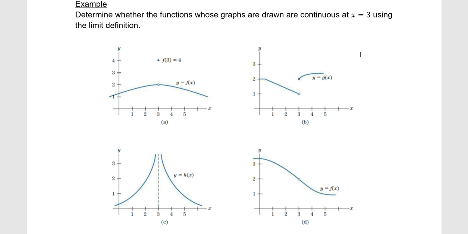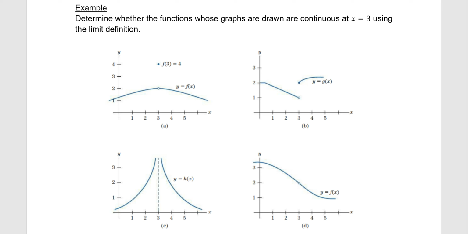Okay, let's see some examples. We want to determine whether these functions are continuous at x equals 3 using that limit definition. For the first one, top left, we have this curve. Here is x equals 3. If we find the curve at x equals 3, we can see there is a hole, which probably seems pretty obvious that it's not continuous because we can't draw it without picking up our pencil.